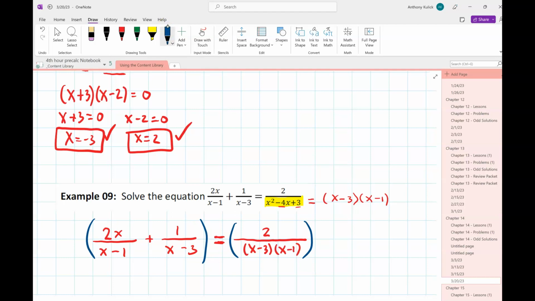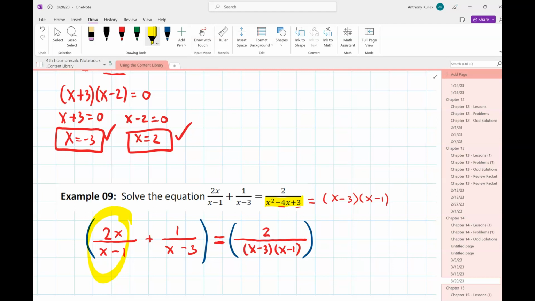So what am I going to need to multiply both sides by to cancel out all of these fractions? What's one thing it has to include? Well, if I want to cancel out the denominator from this fraction, what has to be in there?